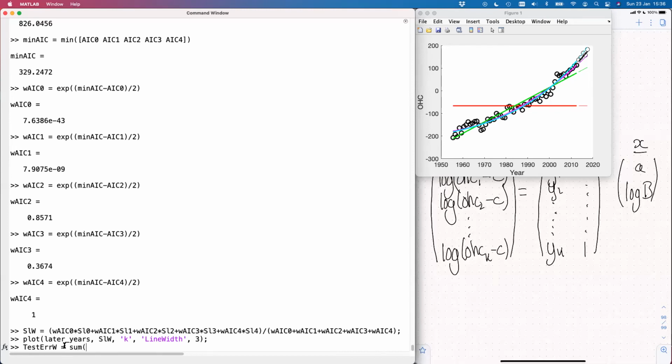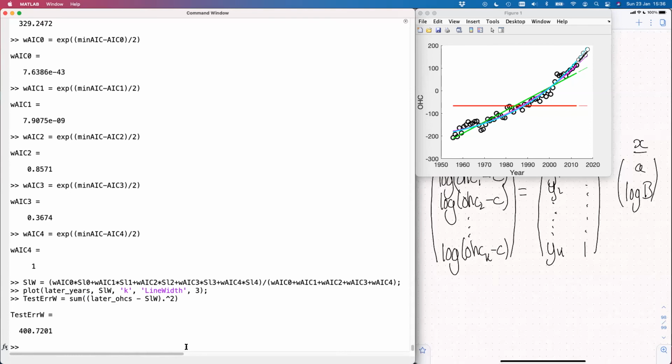So that's the sum of later OHCs minus SLW, squared. And that comes out 400, whereas if you remember the test error for model number 4, the exponential one, was 800, and for the cubic and quadratic, it was something like 2000. So, that consensus estimate from this multi-model inference really does give us some substantial improvement in this case.